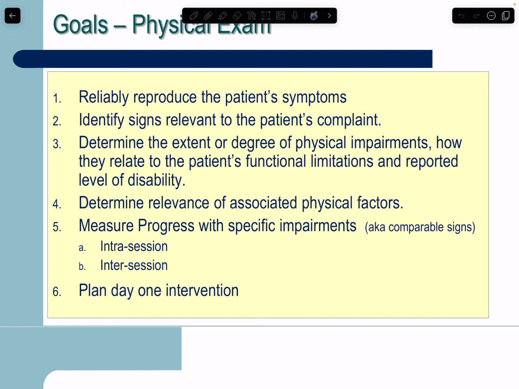And then you have intrasession reassessment. I treat Ryan's neck. I have him stand back up. We look at his neck rotation. We look at active shoulder flexion. We look at a few things. And then when he comes back, I'm going to reassess those to see if the prescribed exercise that I gave him has had a positive effect.